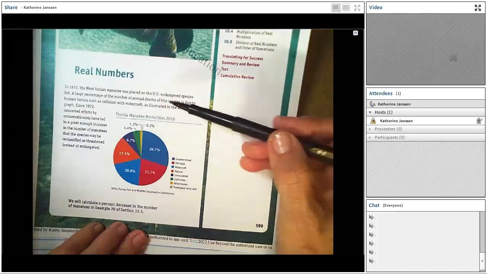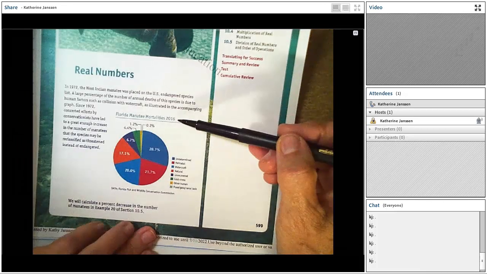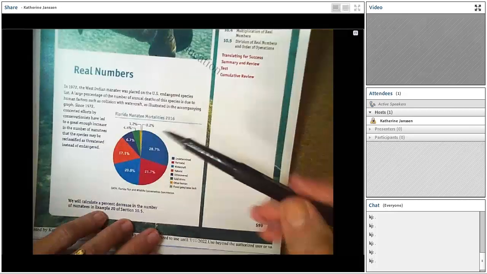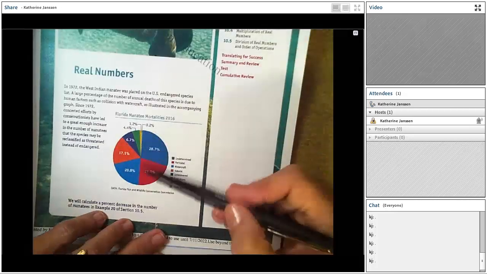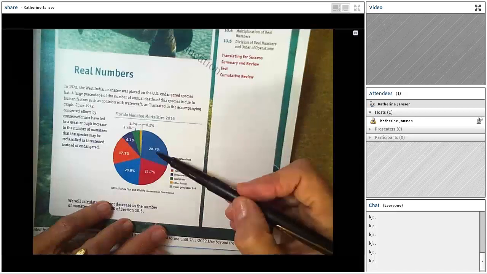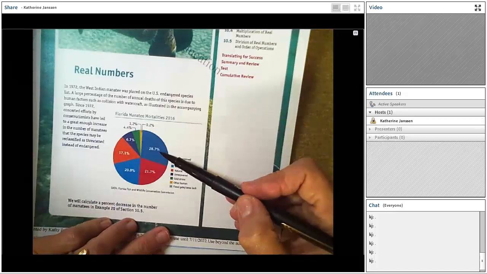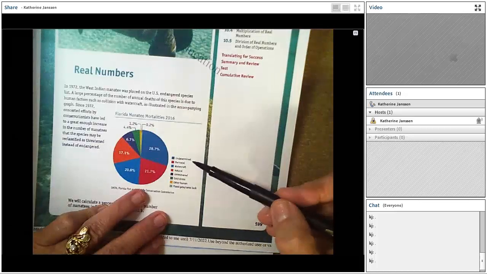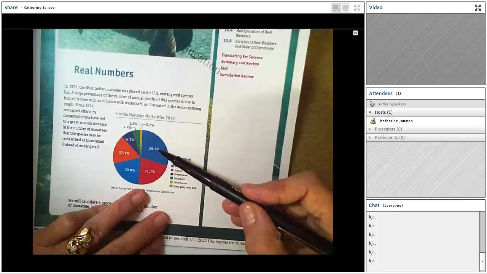The Florida manatee mortalities for 2016, and we have a pie chart. It's segmented into different wedges representing different percentages. The dark blue is deaths undetermined, which is 28.7%.